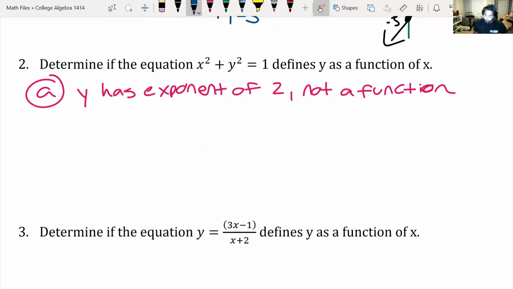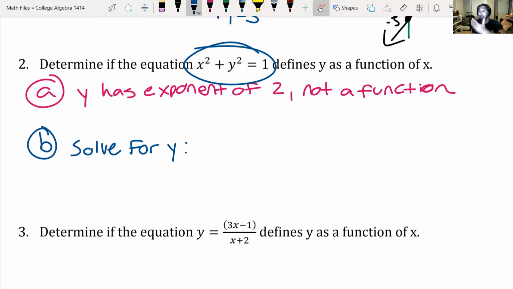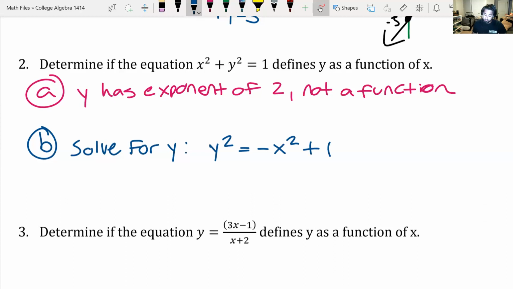But again, to show you, instead of making an XY chart, let's find another method. Let's solve for y. If we solve this equation for y, I'm going to subtract x squared over to the right side, and then I'm going to square root both sides.